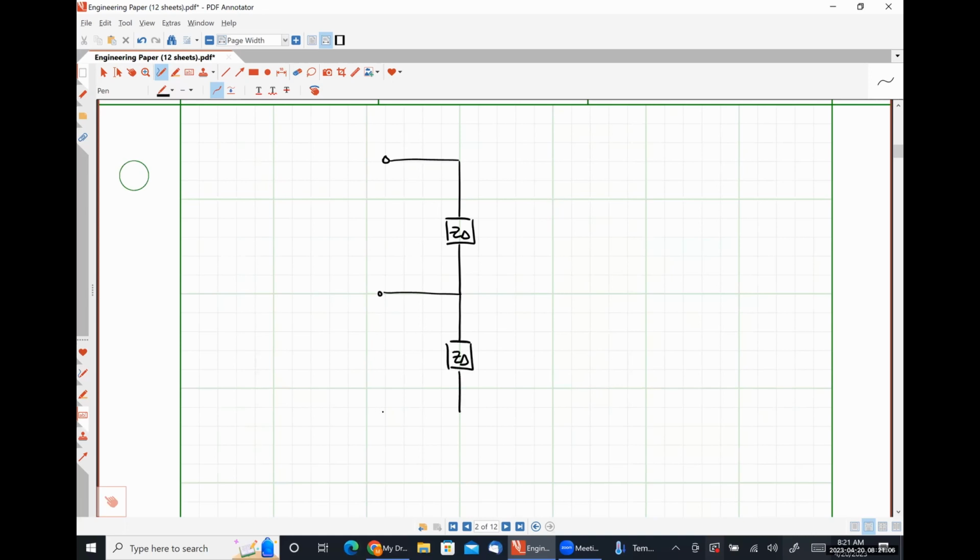Once again, I'm going to want my watt meter connected in such a way that the watt meter is seeing phase quantities, I guess would be a better way to put it.